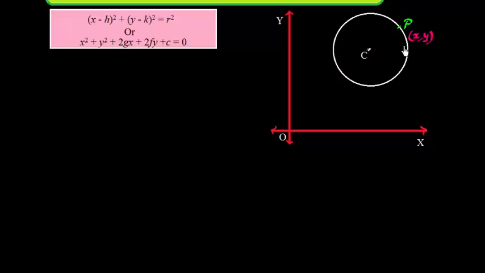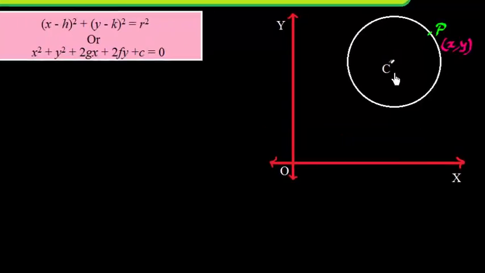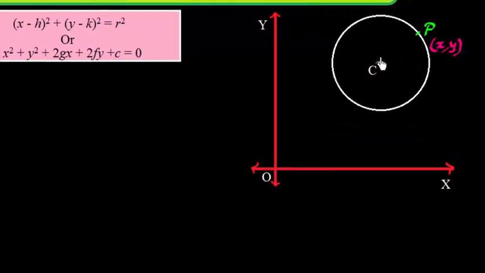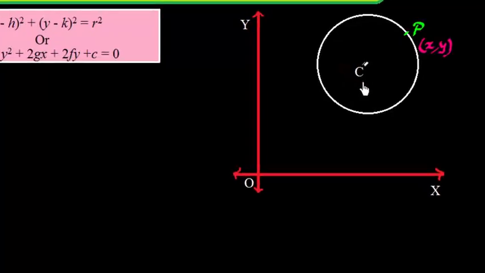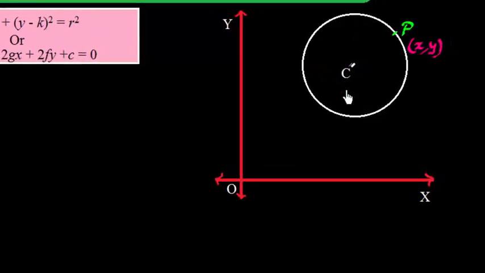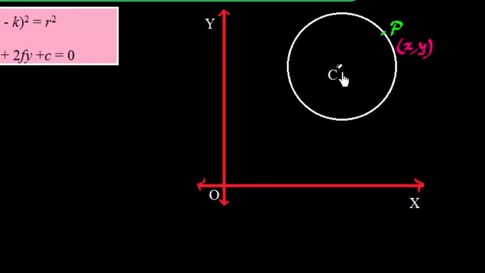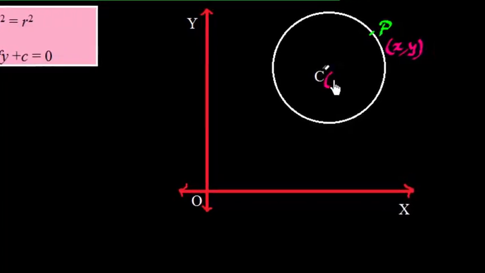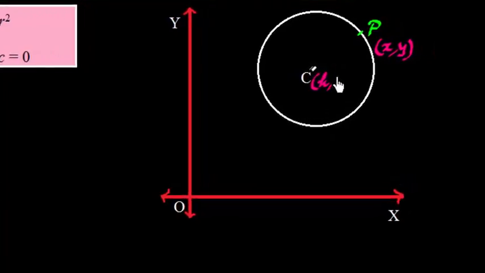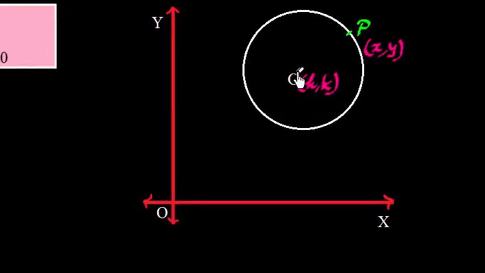We always take the coordinates of the variable point as x, y, because we have to produce the equation. The x and y are the variables required in the equation, and we assume that the coordinates of the center of this circle are h and k.